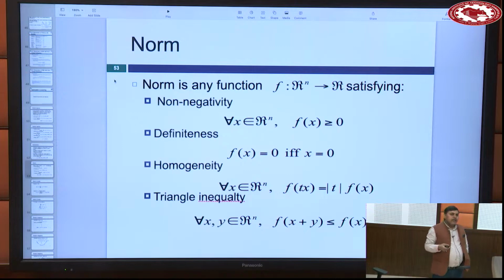L2 norm has the same idea, but it has a smoother curve if you plot it. For L1 regularization, in 2D you will get a rectangle, a diamond shape, with corners on the axes.